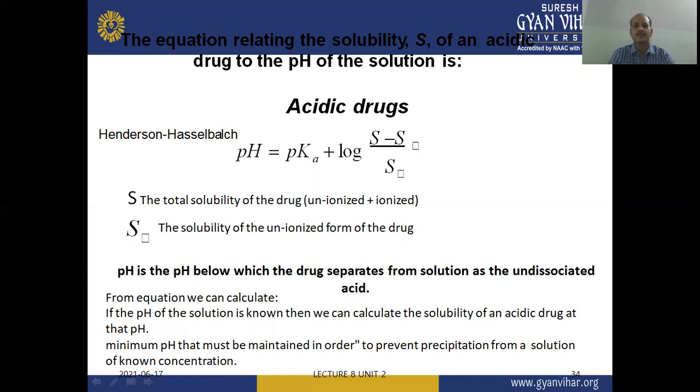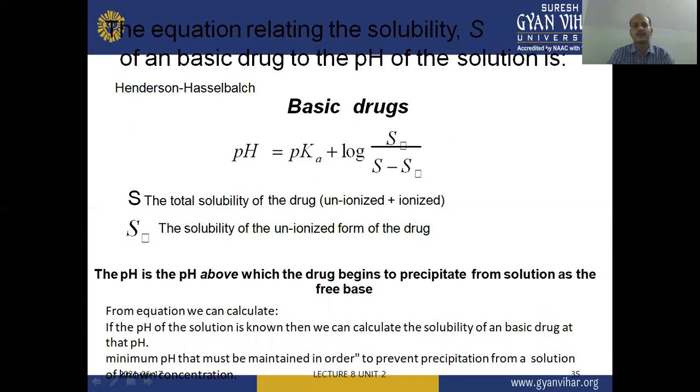Similarly, for basic drugs, it is written as pH equals pK plus log of S0 divided by S minus S0, where S is the total solubility of the drug, combining the unionized plus ionized forms, and S0 is the solubility of the unionized form of the drug. This pH is the pH above which the drug begins to precipitate from solution as the free base.